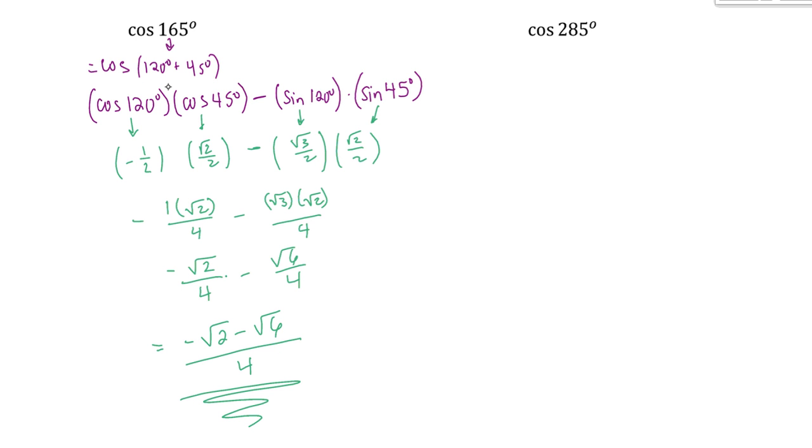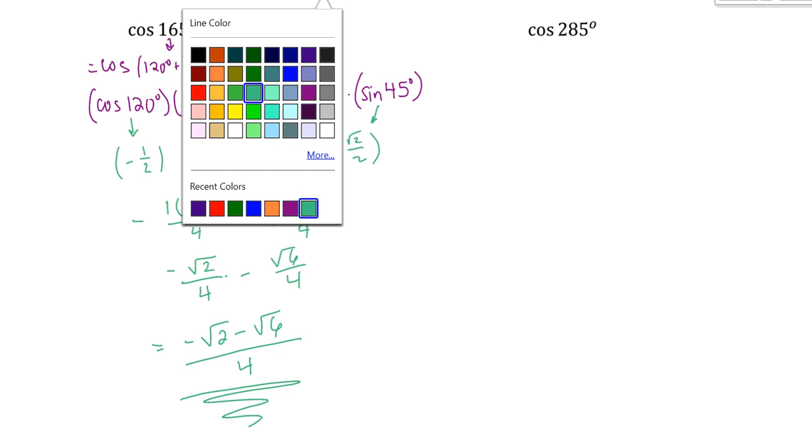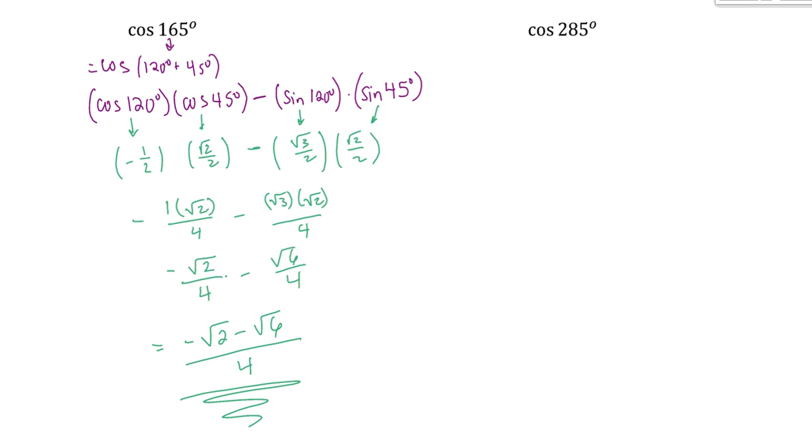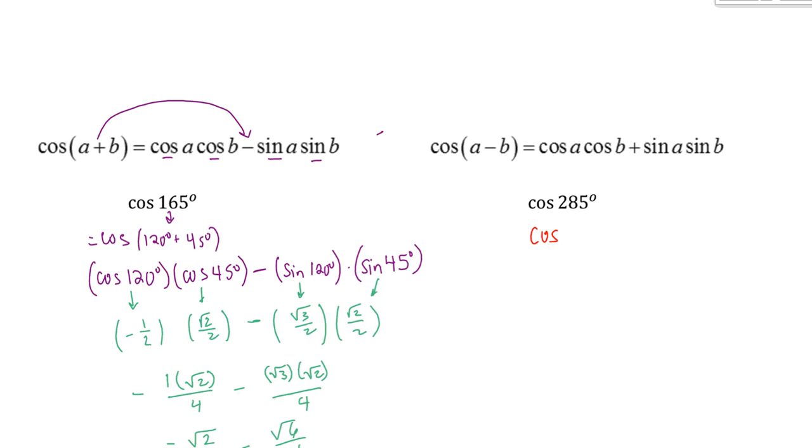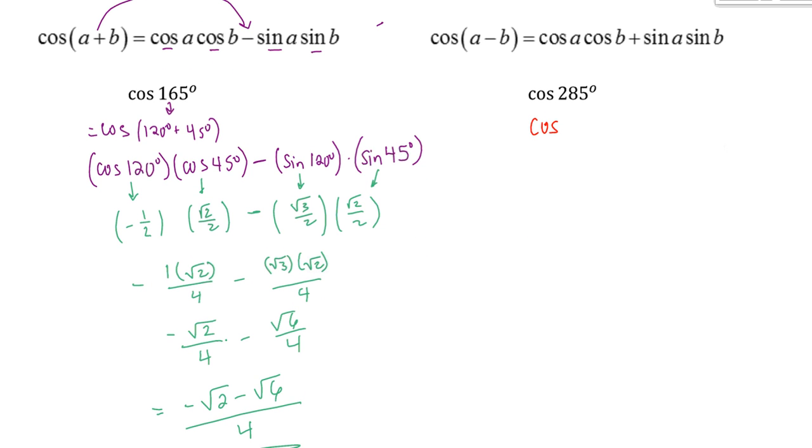Okay, excuse me. So I'm going to do this next one, and I'm going to write it as a subtract. Obviously, this is big. It would probably be easier to do it as a sum, but I want to practice doing the difference formula.